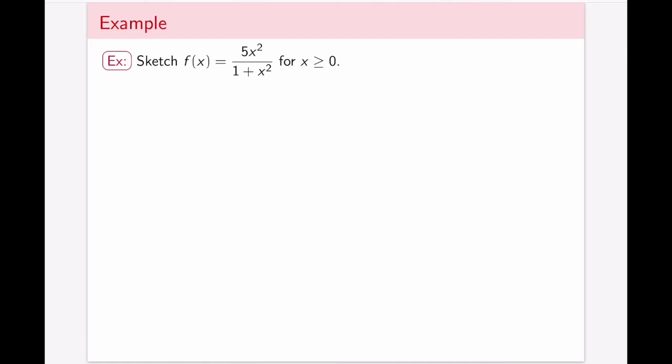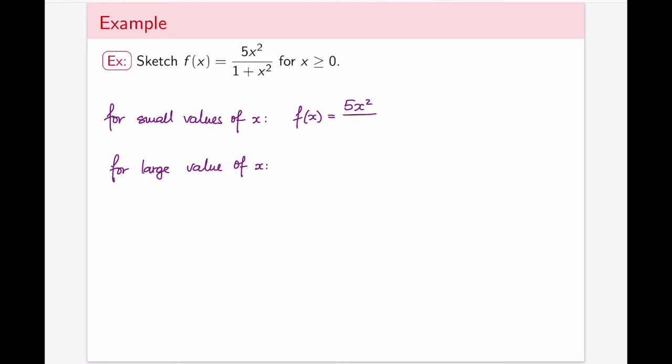So as per my dominating power analysis, I am going to analyze this function for small values of x, and then I'm going to analyze it for large values of x using the dominating power analysis on the top and the bottom separately. So let me rewrite this function here. f of x is equal to 5x squared over 1 plus x squared.